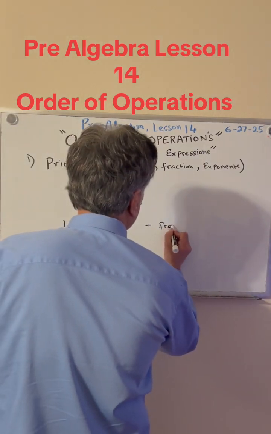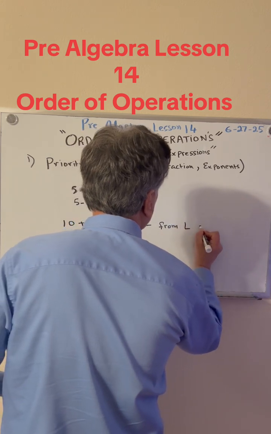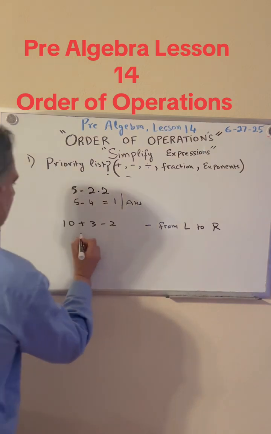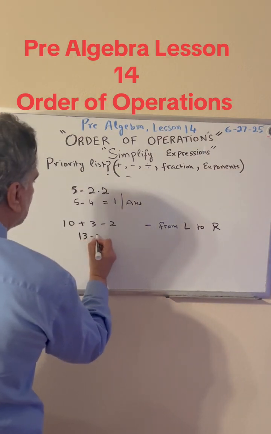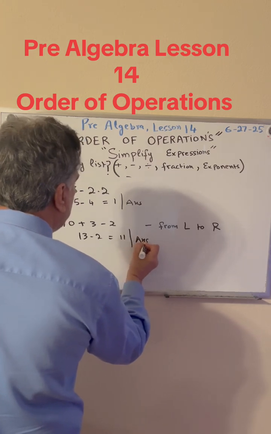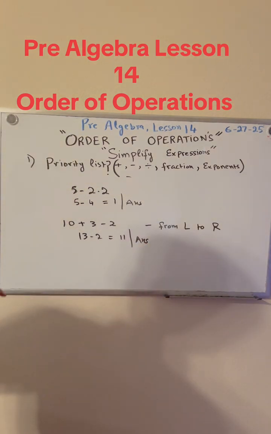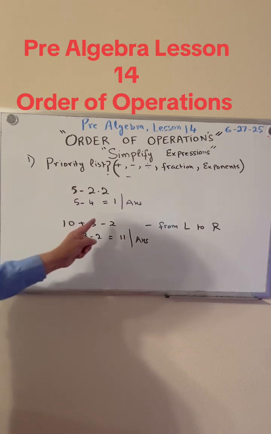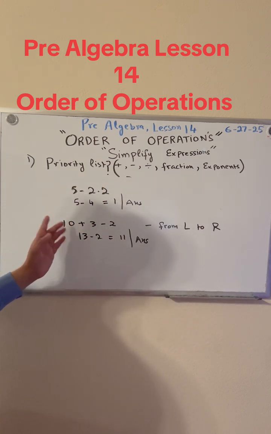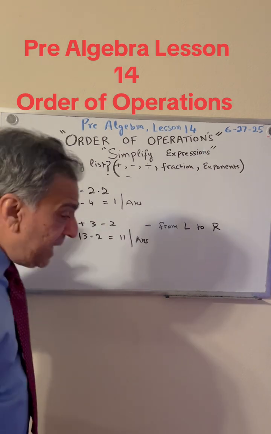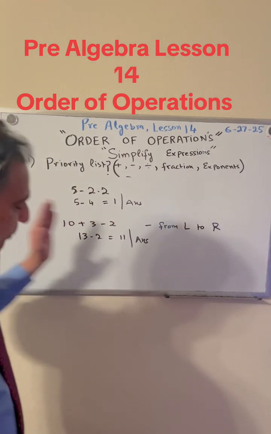So 10 plus 3 is 13, minus 2 is equal to 11. Don't make the mistake of solving 3 minus 2 first and then adding 10; the answer is still 11, but like I said, the right way is to start from left to right.